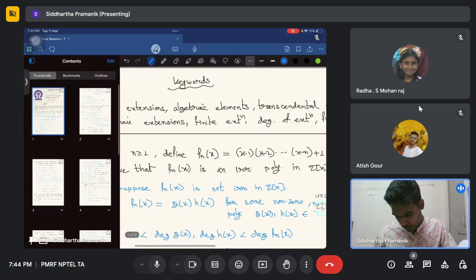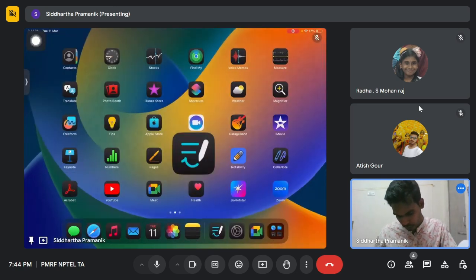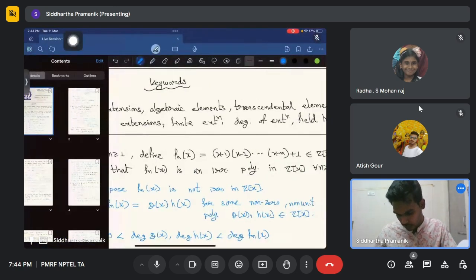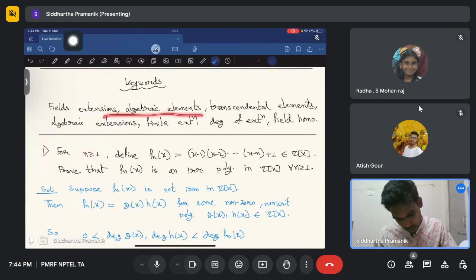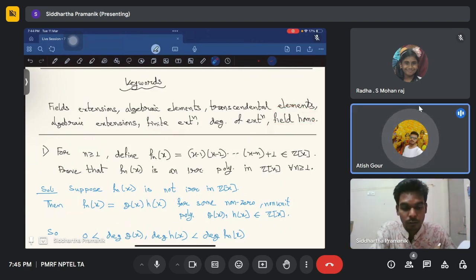I think I have done all these parts except the field homomorphism. So I think we can do that in the next session. Anyway, sir, there are problems in the assignment on this field homomorphism.